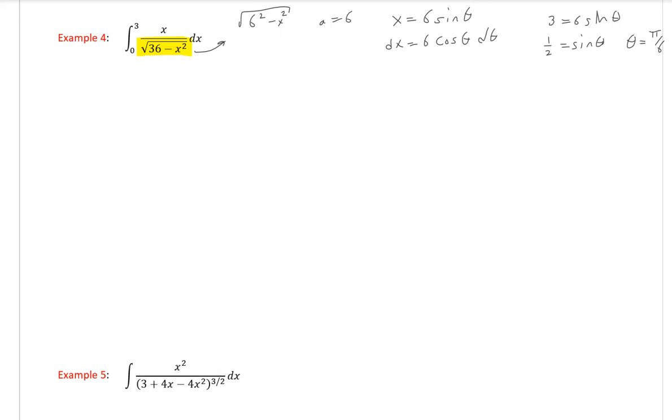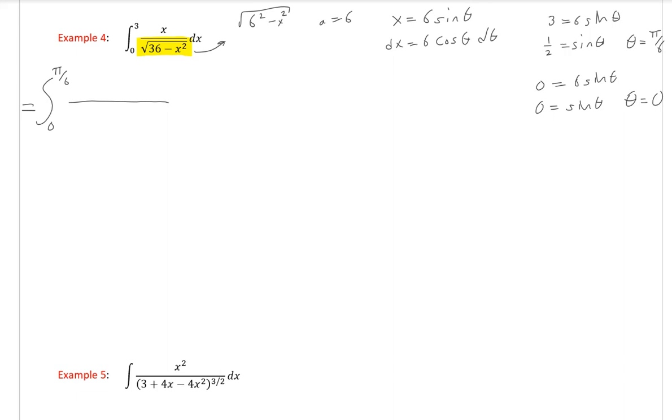If you plug in 0, you get 0 equals 6 sine of theta. So you get 0 equals sine of theta. That happens when theta equals 0. We could say 2 pi, but that would be outside the bounds. We don't want it to rotate too much. So just 0. So we can replace the bounds, instead of 0 to 3, with 0 to pi over 6.